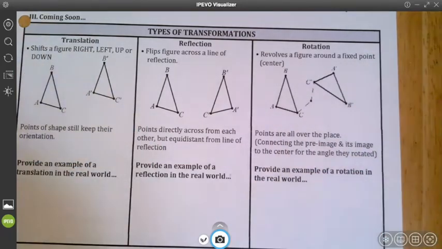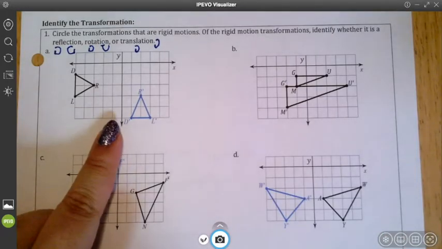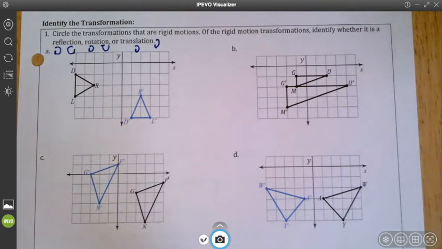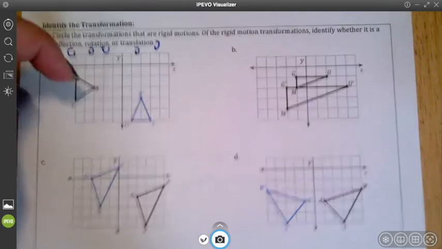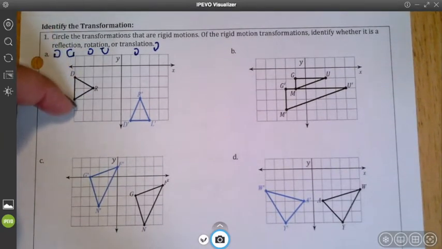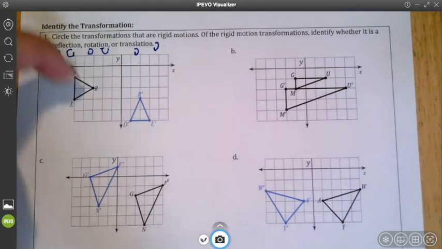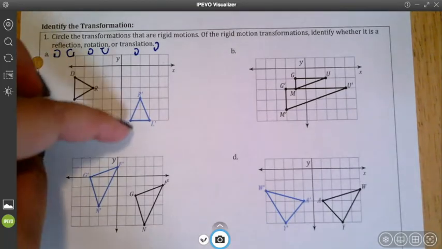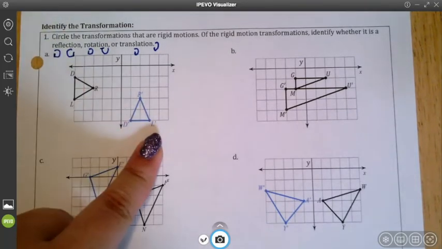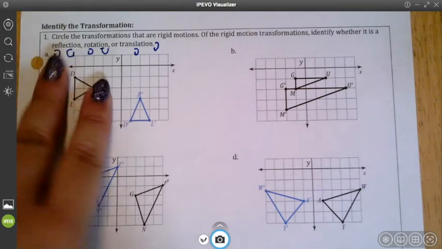But for part A, we can tell it's not a translation because point D was on top and now point R prime is on top. But if I look at this, these are 2 units apart, 2 units apart. This goes 2 and 1, 2 and 1. So it's the same shape, but what happened is it rotated.